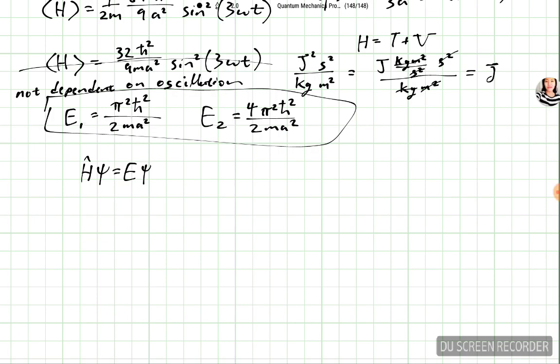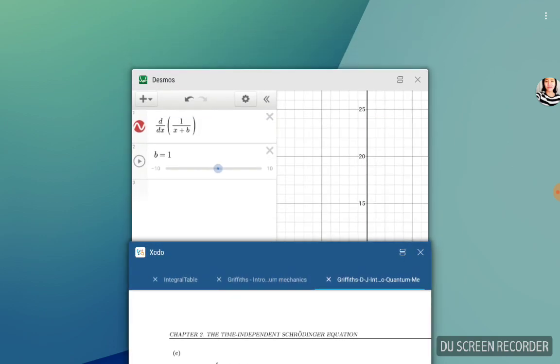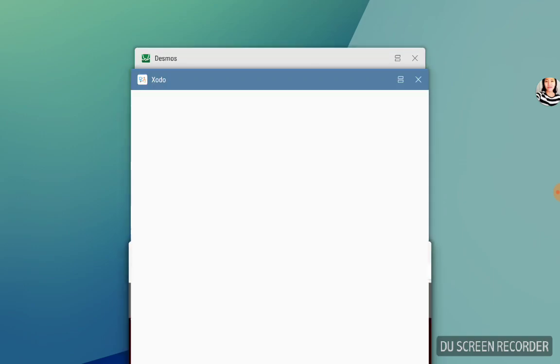Another thing that I want to make a note of here is that E2 is just 2 times bigger than E1. So E2 equals 2 times E1. Okay. And then there actually is a nice result in Griffiths. Let's see, do I have it up?